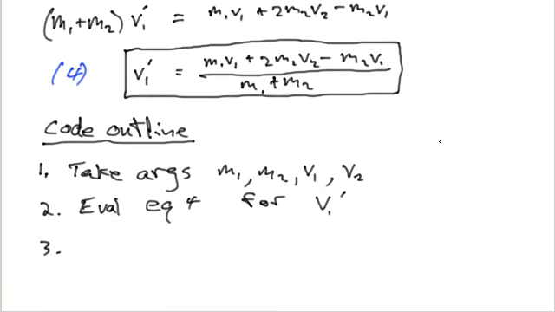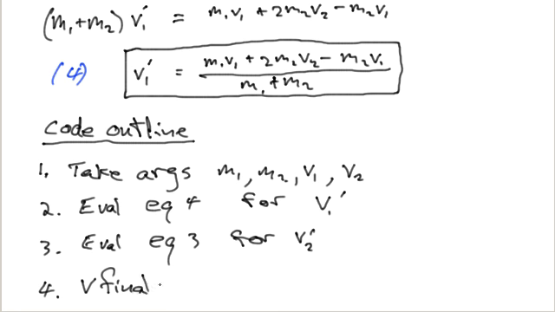So evaluate equation 3 for V2 prime, and then set V finals equal V1 prime, V2 prime.